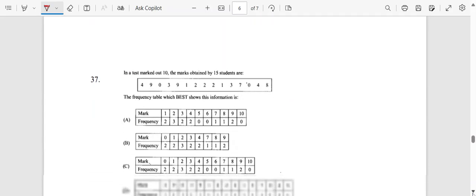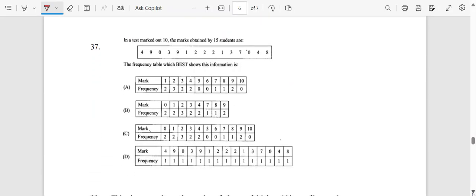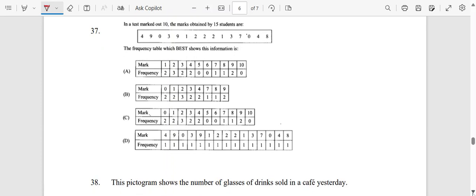Let's continue. 37, wrapping up. In a test marked out of 10, the marks obtained by 15 students are as follows. The frequency table, remember, when it comes down to a frequency table, it must be done in order. So if you notice, we don't have any 10. So I know that it's not A because it does not have 10 in it.